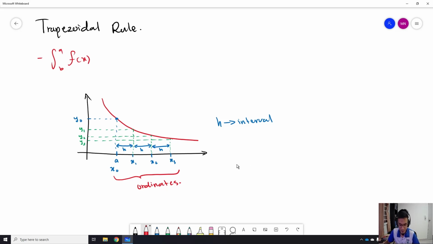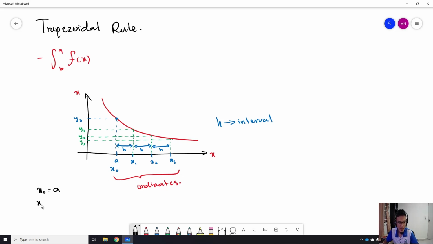The ordinates are actually the values on the x-axis. In order to determine the values of x0, x1, x2, and x3, the formula is like this. x0 we start with, it is equal to a.